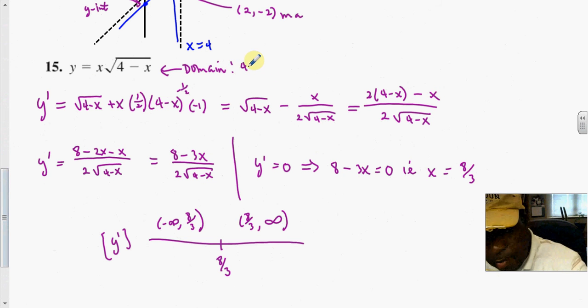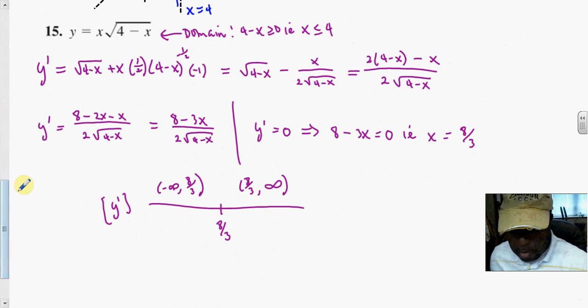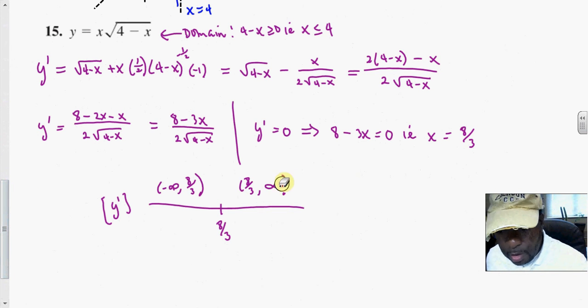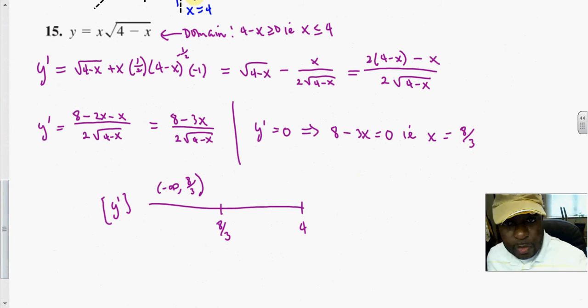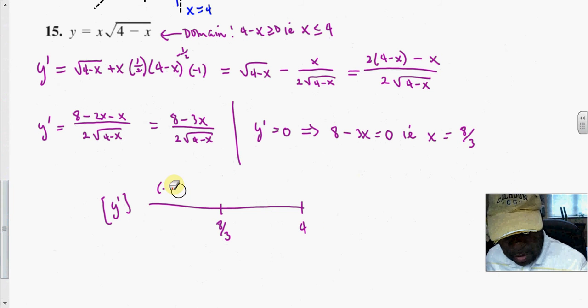So here, 4 minus x has to be greater than or equal to 0. That is, x is less than or equal to 4. So if that be the case, then we don't need all of that. So this is stopping at 4. Just to be consistent, we'll erase that.